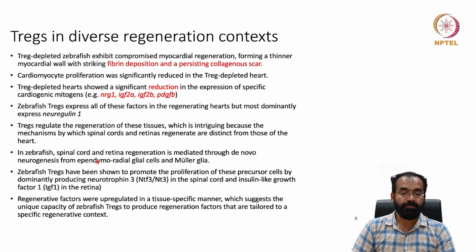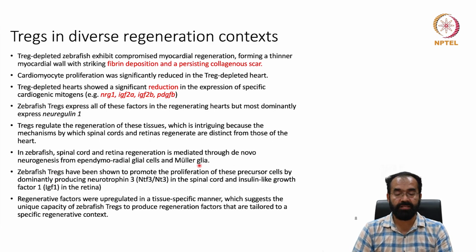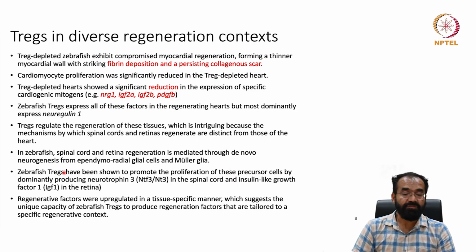In zebrafish, spinal cord and retina regeneration is mediated through the de novo neurogenesis from ependymoradial glial cells and also the Muller glia. Zebrafish Tregs have been shown to promote the proliferation of these precursor cells by dominantly producing neurotrophin 3, NTF3 or NT3, in the spinal cord and insulin-like growth factor 1 in the retina.